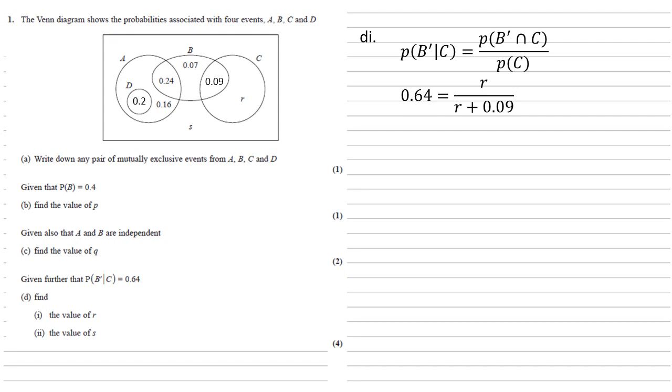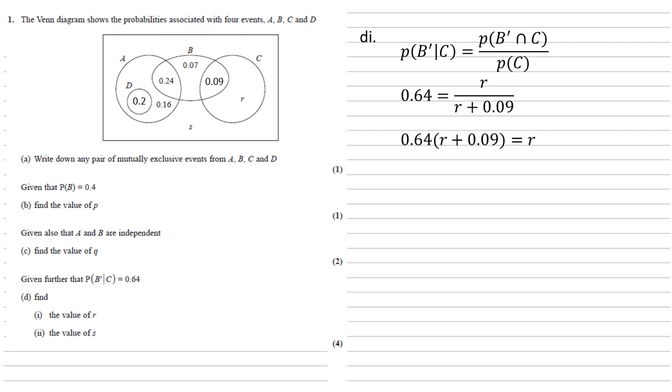The intersect of B dash and C, this is where we have C but no B because it's B dash, so that's just the R part of the C circle, and that's all over the probability of C, which is the 2 areas of C, R and 0.09 added together.